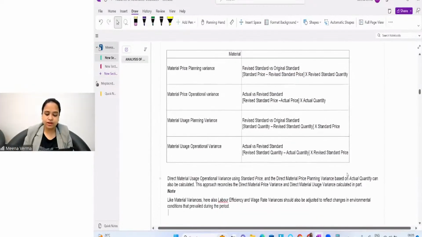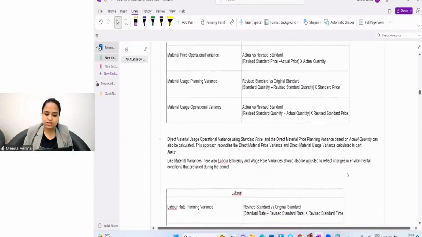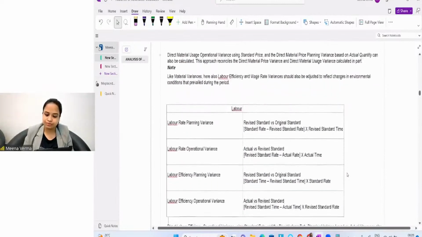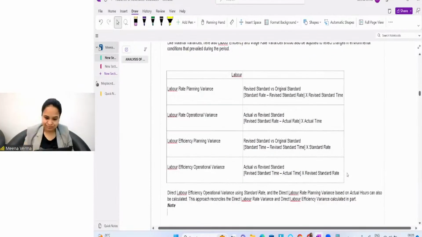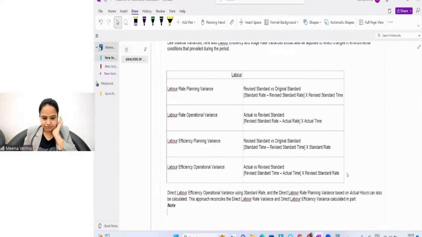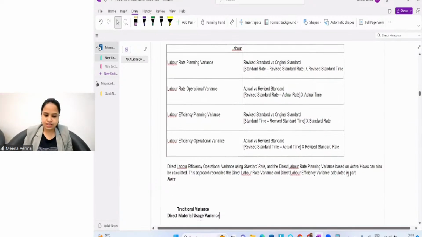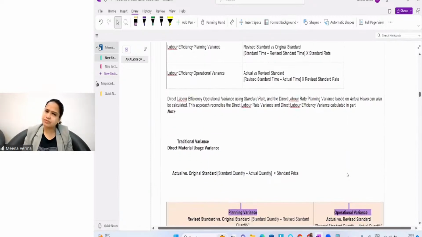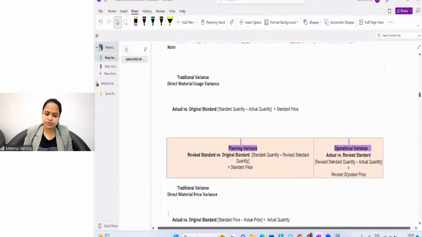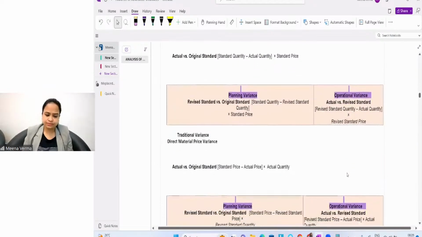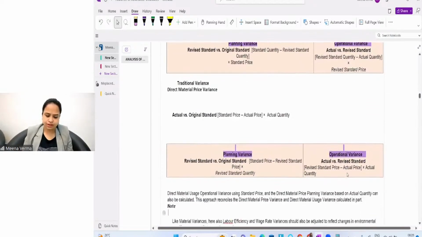Then they have calculated the planning and operational variation for the labor also. Then they have done the same for the labor, material, and variable overhead, fixed overhead. They can do it for everything, right? So you can see it is for everything.